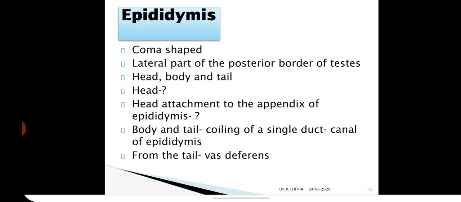Body and tail will continue as a single duct, which will be called the canal of epididymis. From the tail of the epididymis, we will have the continuation as the vas deferens. So that is about the epididymis.